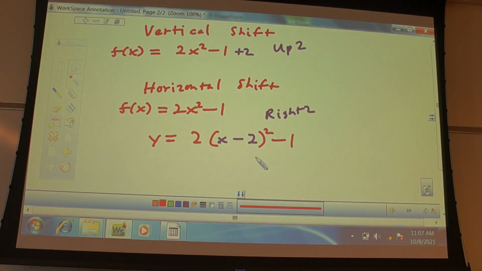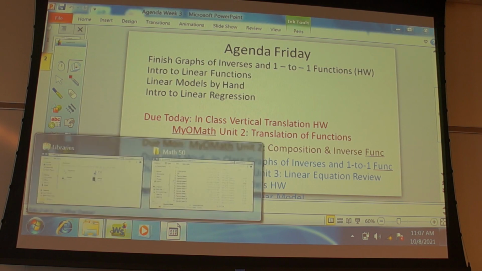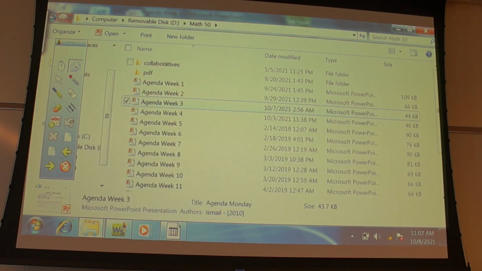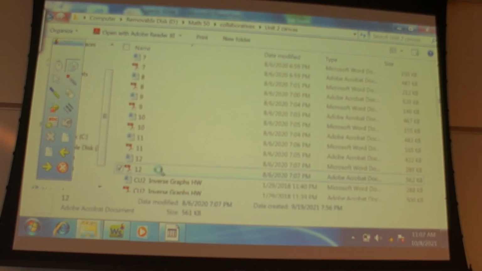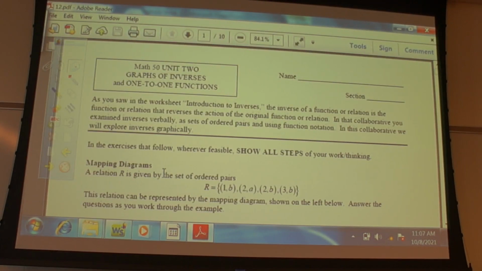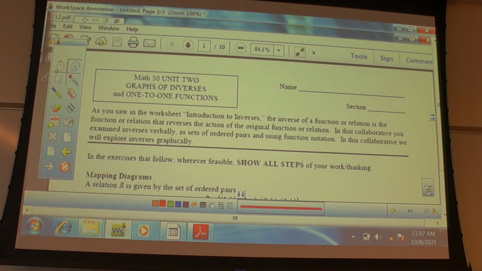So let's next pull out our graphs of inverses and one-to-one functions. And where we left off, so everyone has this sheet out, the last thing we went over last class. This is the homework, right?